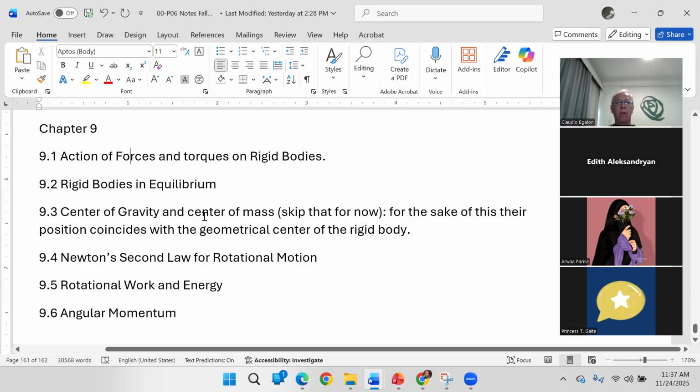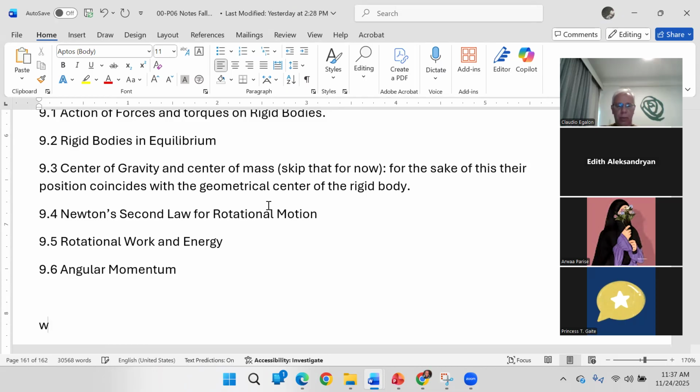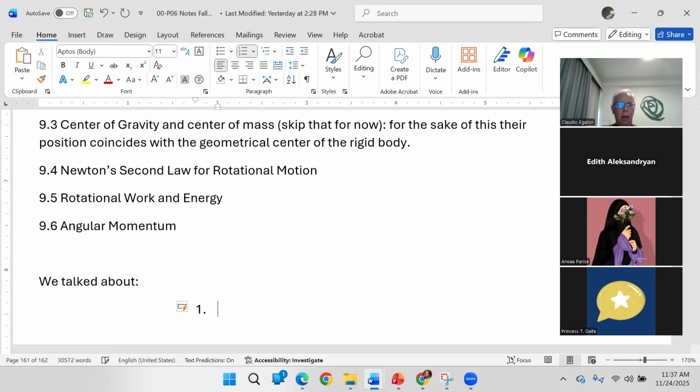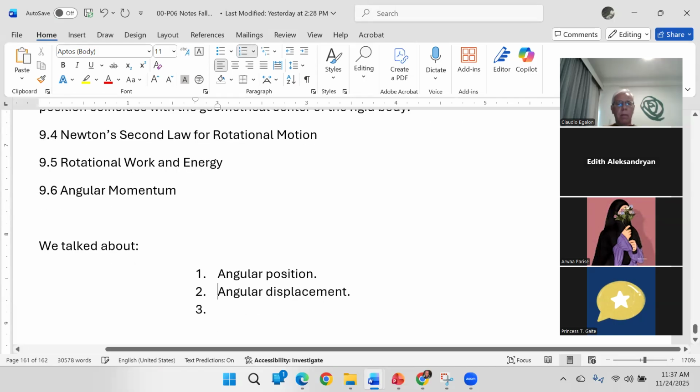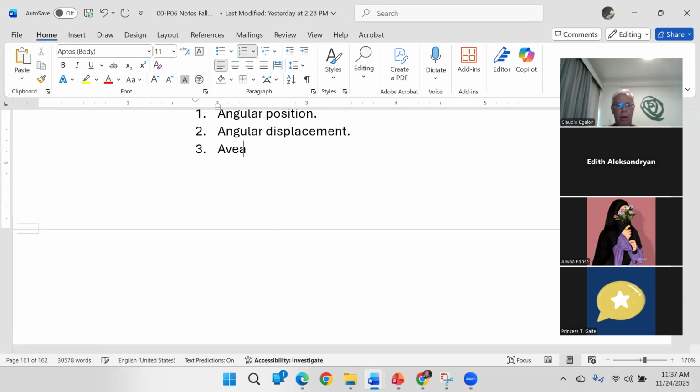So let's review what we have talked about so far. We talked about 1, angular position. 2, angular displacement. 3, average angular velocity.